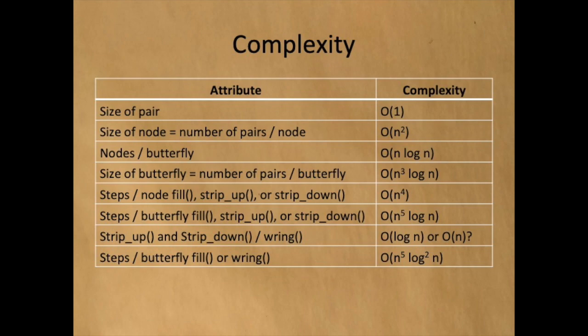A quick note on complexity. We stated that the algorithm is polynomial, and here are the complexities of the operations involved. The size of each equation pair is O(1). It consists of a Hadamard value and a partial sum value. The size of each node corresponds to the number of pairs per node.